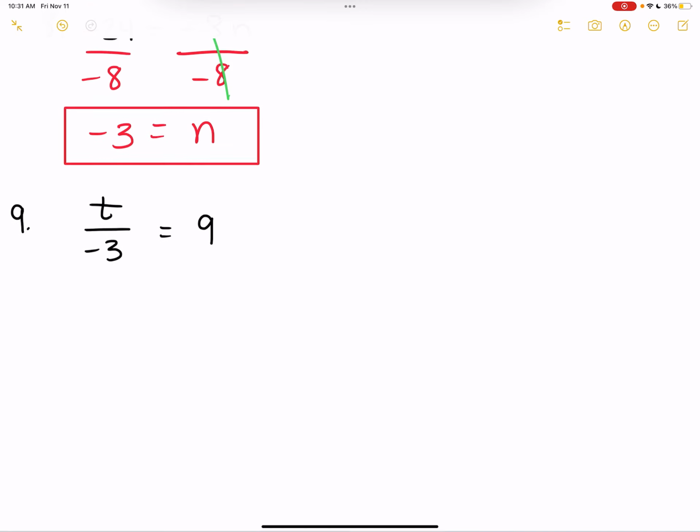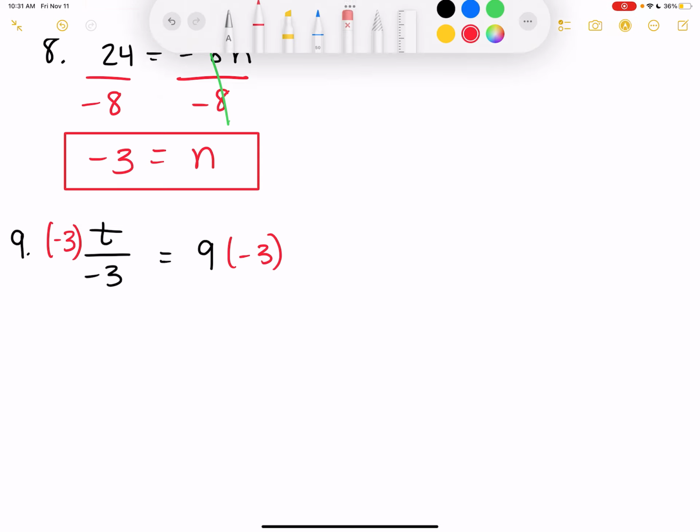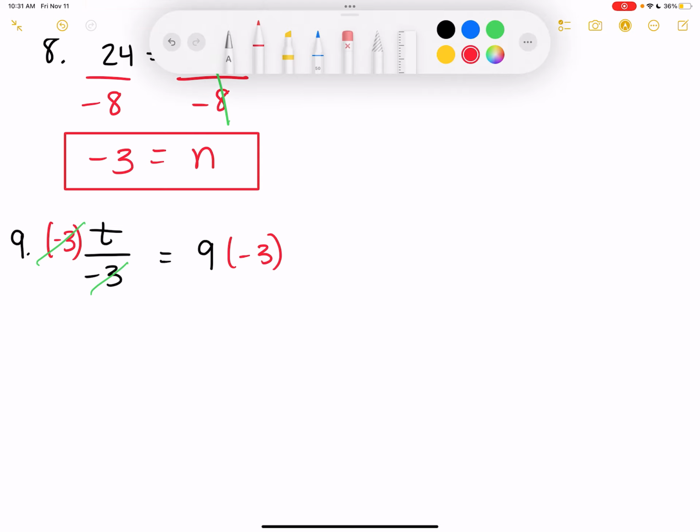So I need to multiply to undo it. So I'm going to multiply both sides by -3. So on the left, my -3 cancel. So I'm left with t equals 9 times -3, which is -27.